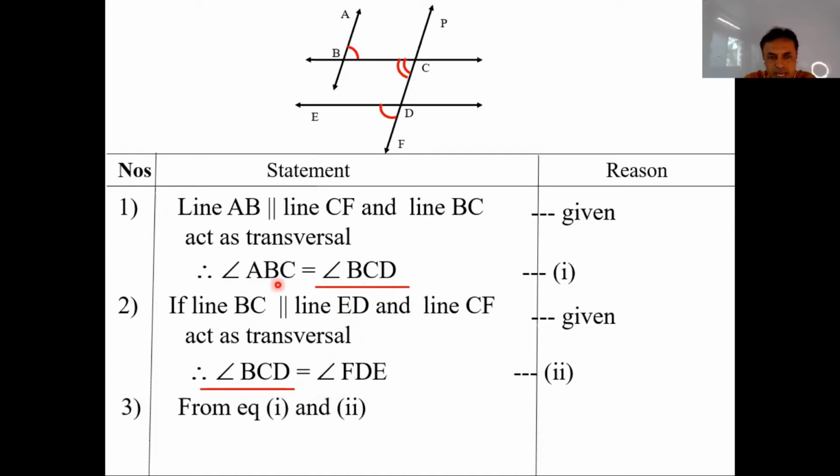Naturally, we can say that angle ABC is congruent to angle FDE. So, from equations 1 and 2, angle ABC is equal to angle FDE, and that is your required proof.